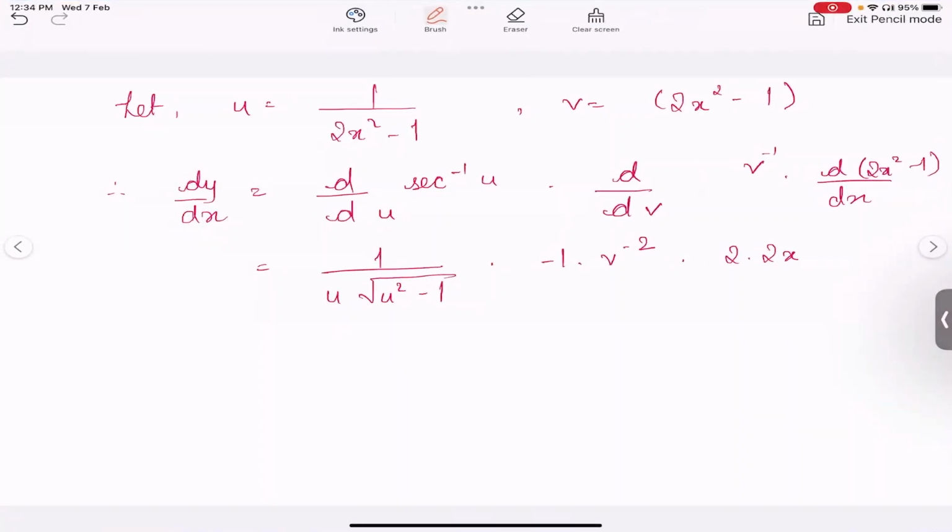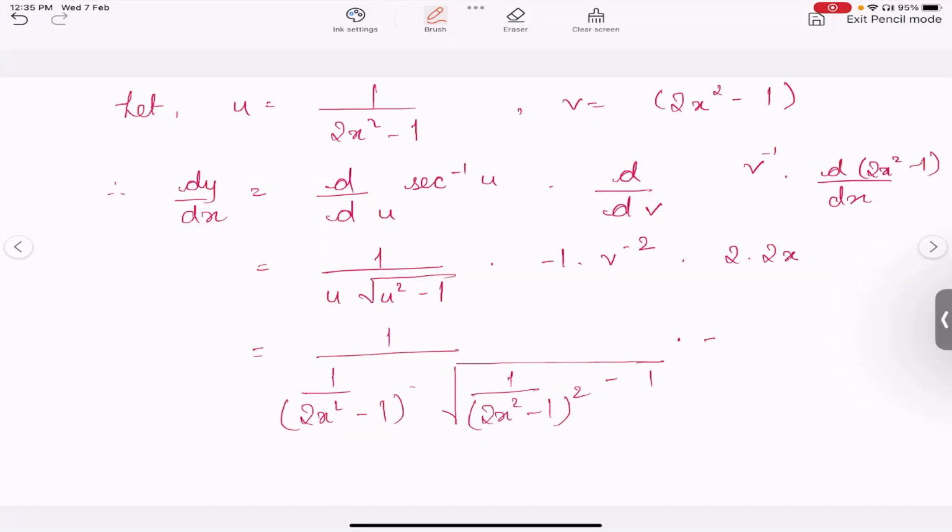So we'll replace the values, this thing times minus 1 into 2x square minus 1 to the power minus 2, and this thing will be equal to 4x.